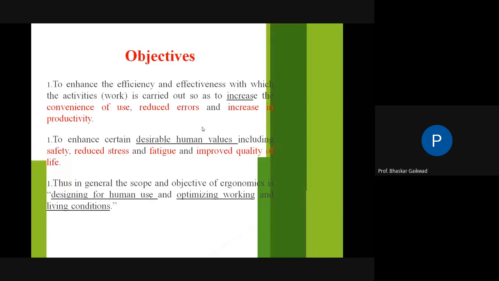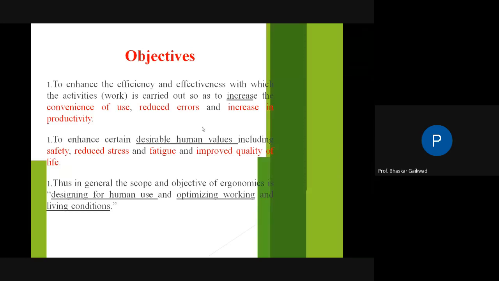So as examples you can take our forging machines, mechanical power press, VMC, CNC, everything at the right position so that while handling such types of machines, safety is always there. Stresses will not develop in the body. The operator will not feel any fatigue. And the quality of the job as well as the quality of life will get increased.